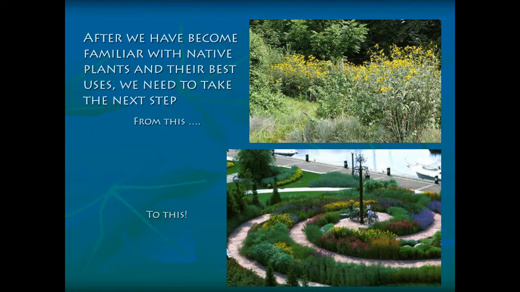It's mostly native plants there. There is a percentage of non-natives, but mostly natives. But you can see how the structure of the garden, the materials, and the design just show off those plants and just speak to people about how wonderful a pollinator garden is.